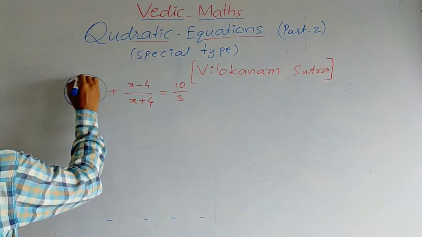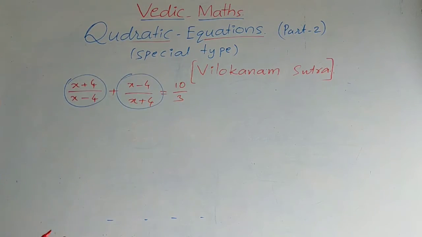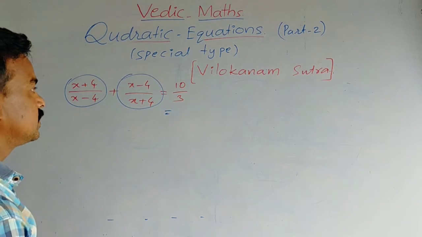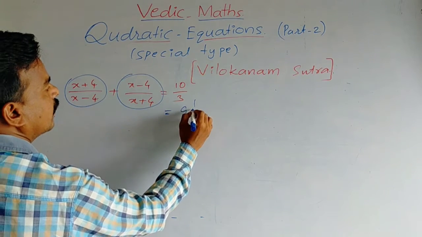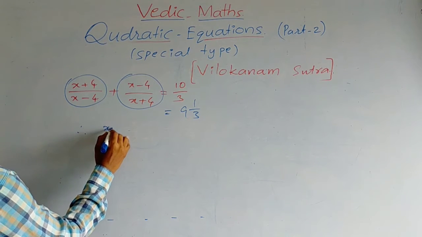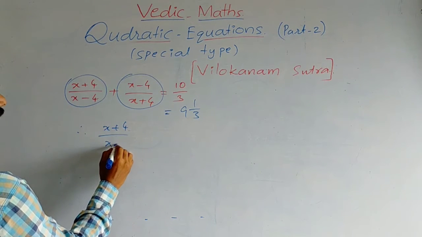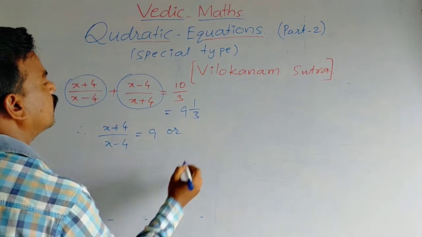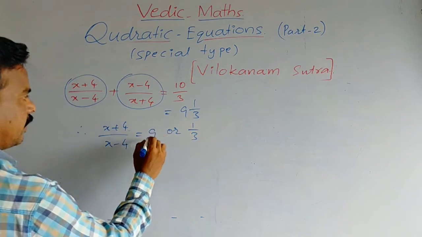These two terms are reciprocals on the left side. That's why we can write this 10 by 3 as 3 threes are 9, plus 1 by 3. Therefore, x plus 4 by x minus 4 is equal to 9 or 1 by 3.